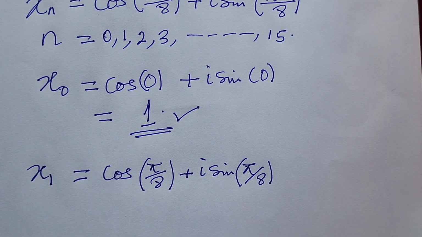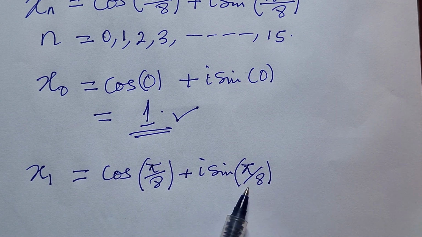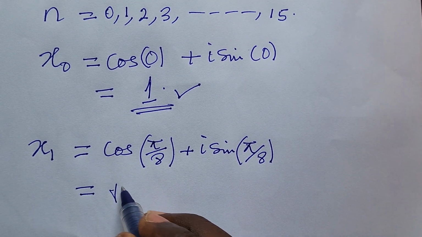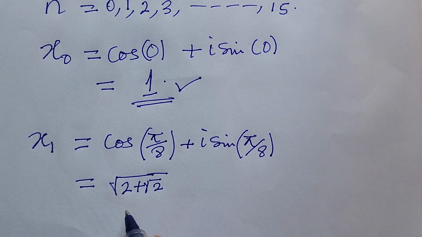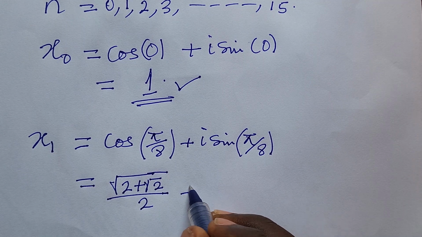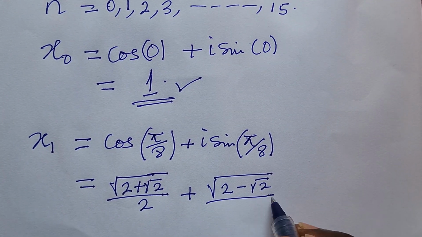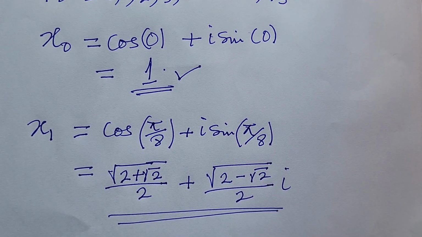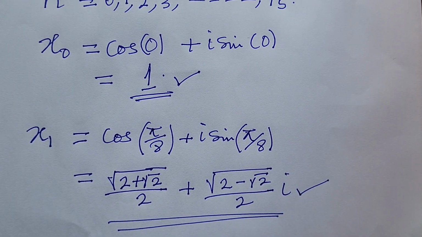Now, if we plug this into our system, or factorize this down, we're going to have our x1 to be the square root of 2 plus the square root of 2, all over 2, plus the square root of 2 minus the square root of 2, all over 2 iota. This is the value for our x1, and again, our x1 is automatically the second root to our challenge.